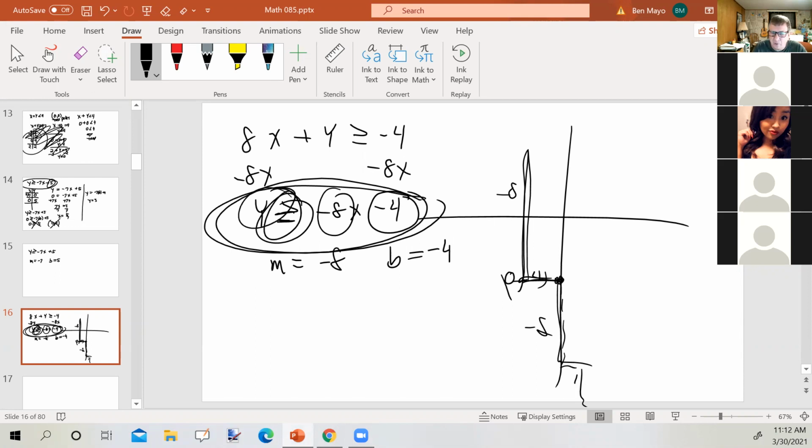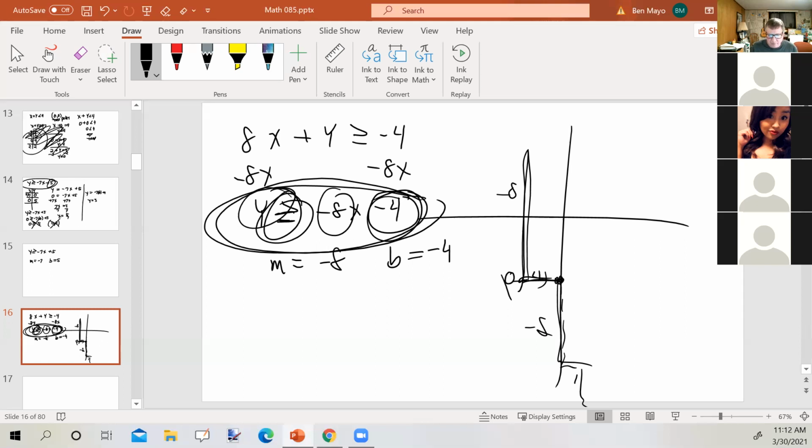But if the slope is nasty, or the y-intercept is some fraction, then things get kind of tricky. So unless you're really comfortable with it, the first method is probably a safer way to go.